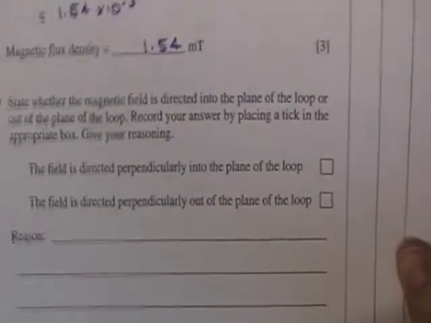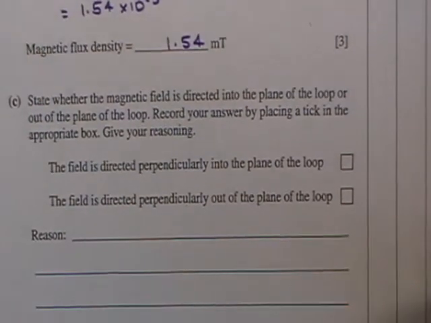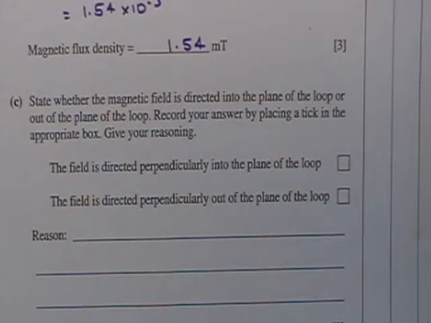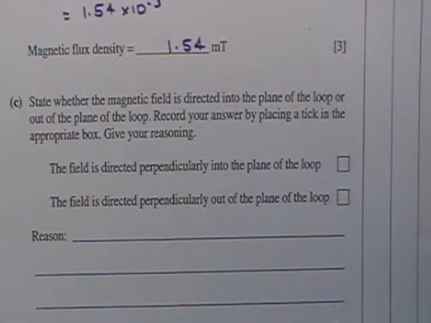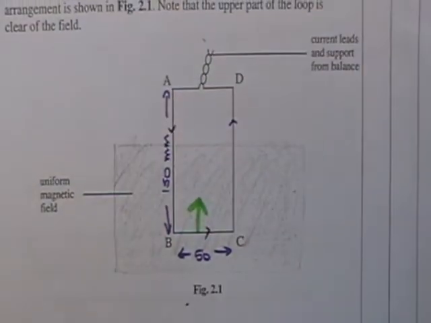State whether the magnetic field is directed into the page plane of the loop or out of the plane of the loop. In other words, into the page or out of the page. Record your answer by placing a tick in the appropriate box. Give your reasoning. So we'll have a wee look at this. You can see there that we know the force is up.